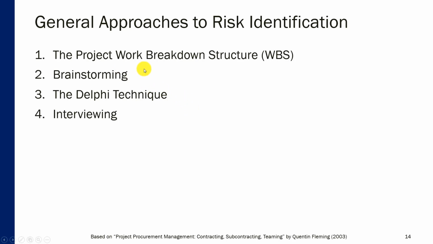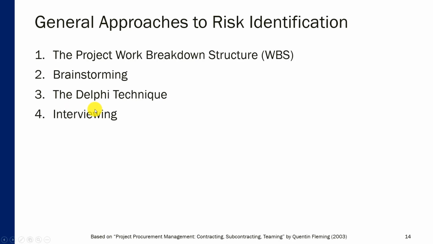So general approaches to risk identification are usually comprised of the following 4 techniques. First of all, working with the work breakdown structure to see whether any of the work items on the work breakdown structure have possible risks associated with it. Brainstorming is another common technique for identifying risks. The Delphi Technique is a more stringent or more sophisticated version of brainstorming with some particularities on top of what brainstorming does.